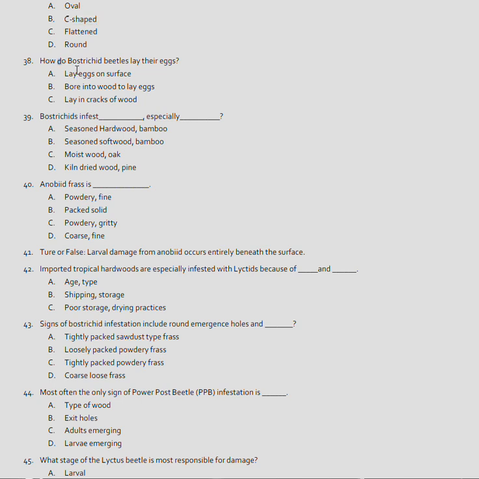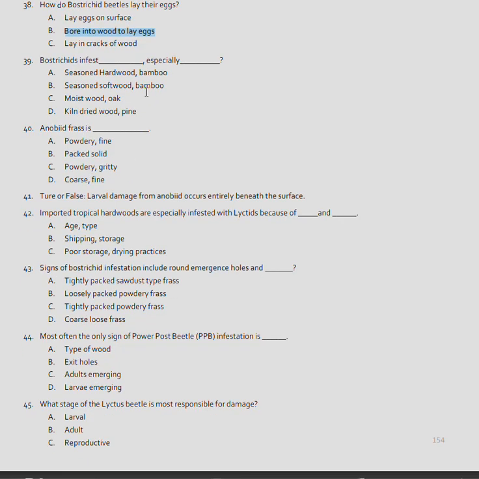How do bostrichid beetles lay their eggs? Answer: bore into wood to lay their eggs. Bostrichid infestations blank, especially seasoned and softwood bamboo.